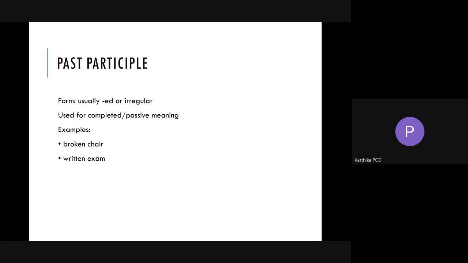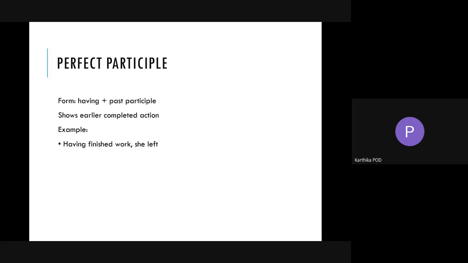And when I say broken chair, it's also something that has happened in the past, right? Or the written exam. The written exam was quite hard. So again, write, wrote, written. So it's in the irregular form, again used for a completed or passive meaning.